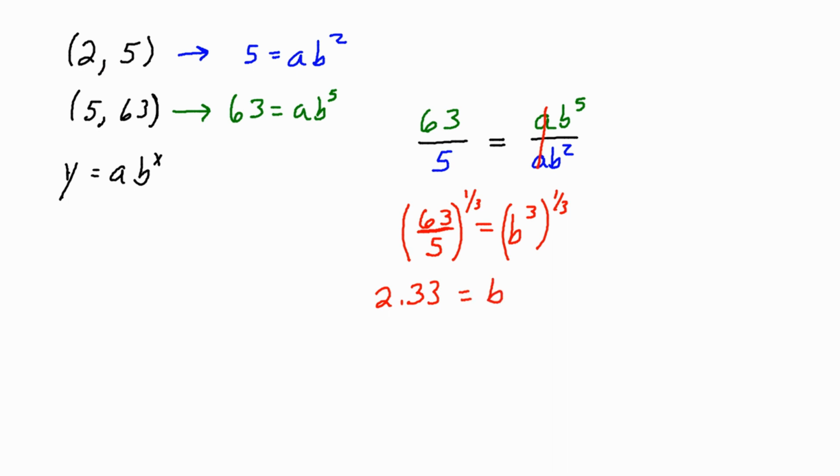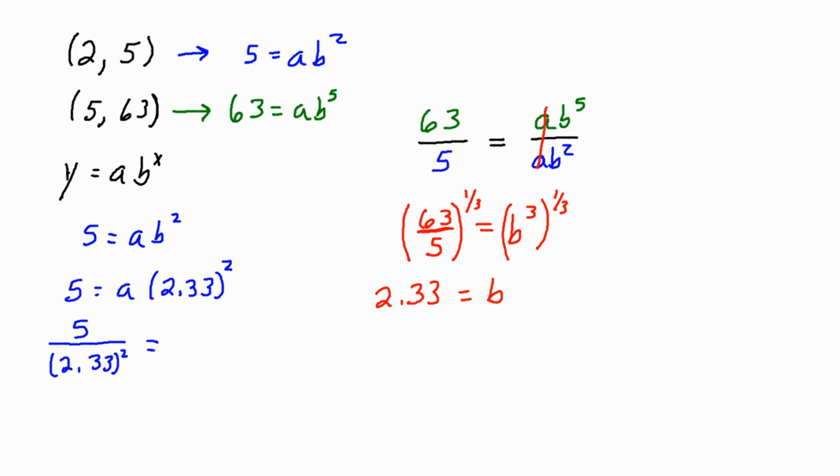Now that I have b, I can find my a. I'm going to use 5 equals a, b squared. So 5 equals a times 2.33 to the second power. Divide both sides. I have 5 over 2.33 to the second power equals a.